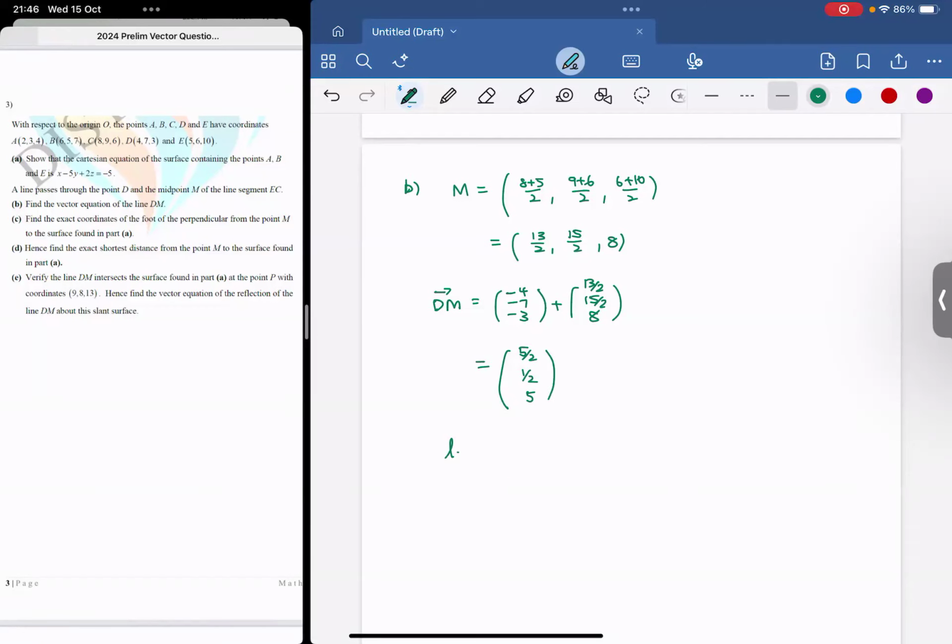So line DM, use point D, nicer, 4, 7, 3 plus lambda 5, 1, 10. Okay, this one I take out half, become 5, 1, 10. The purpose is just to make the direction vector a nice number. If you are not comfortable with that, it's okay with you leaving as 5 over 2, half, and 5.